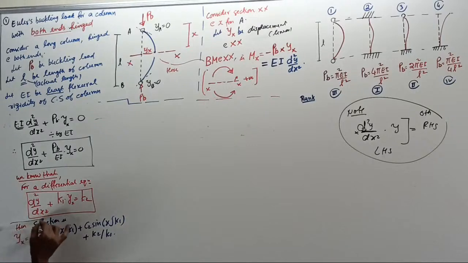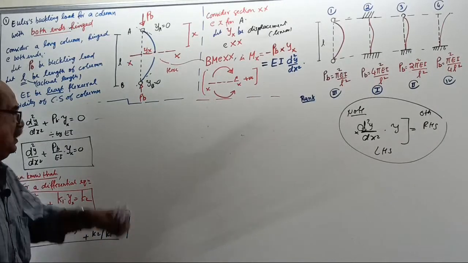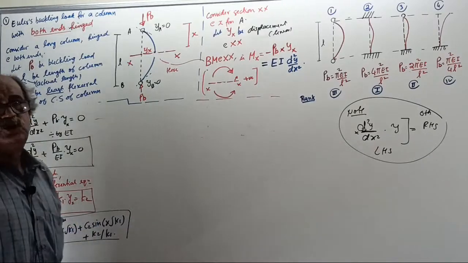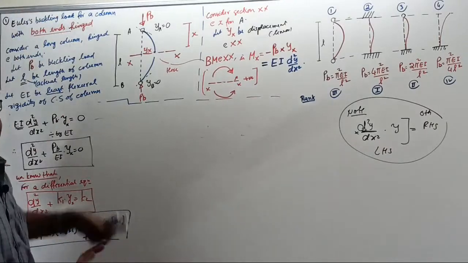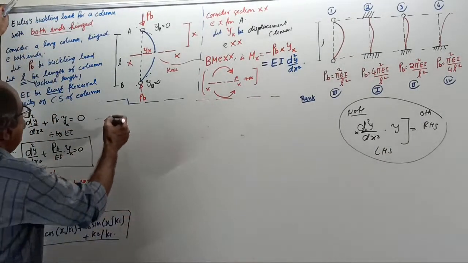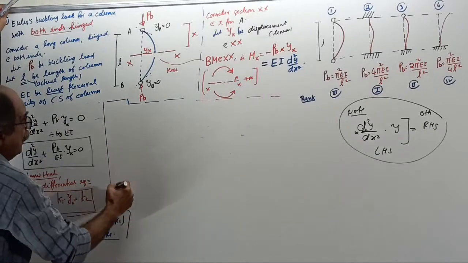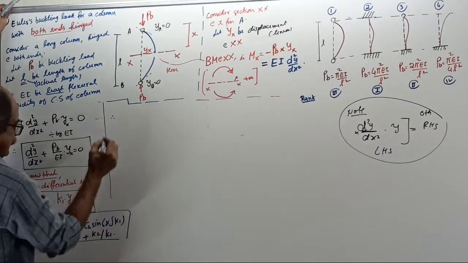This is the standard solution for a differential equation d square y by dx square plus k1 into y(x) equal to k2. c1, c2 are constants to be eliminated using boundary conditions. See, this I can't explain further. Standard, it is a mathematical one. Okay, now for every problem you bring to this form. Start. Therefore, now come here.